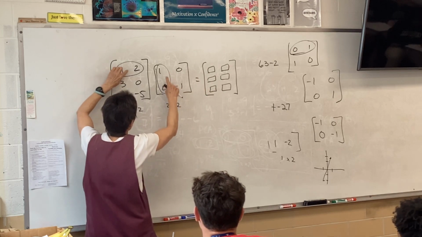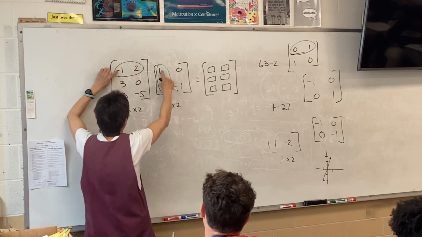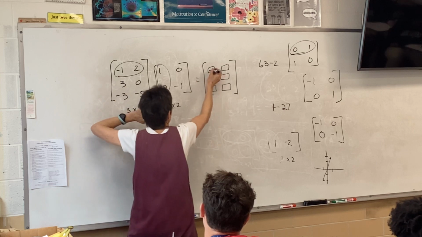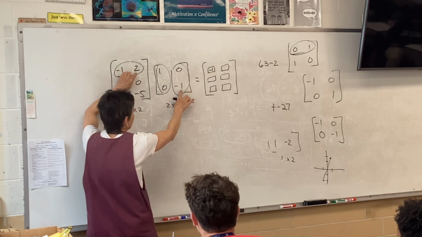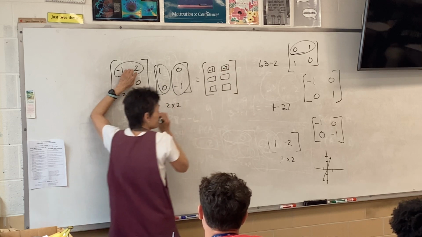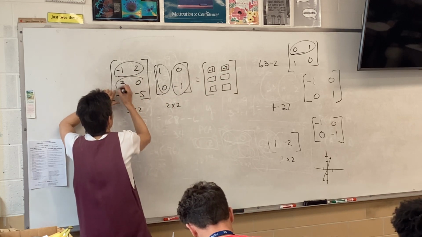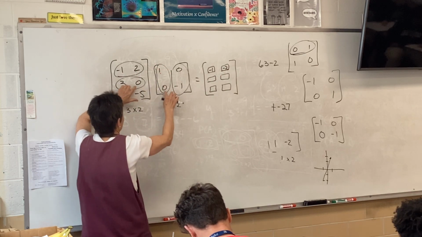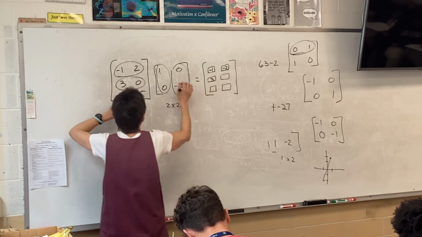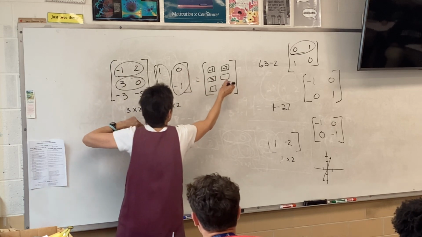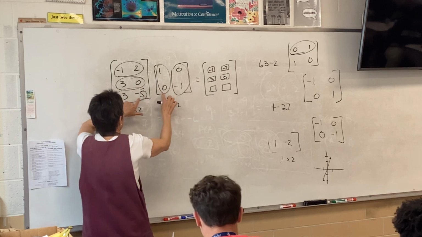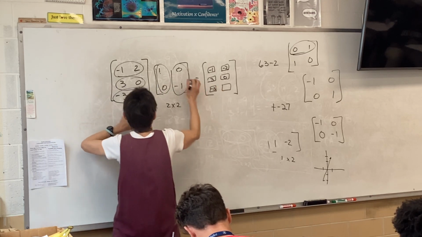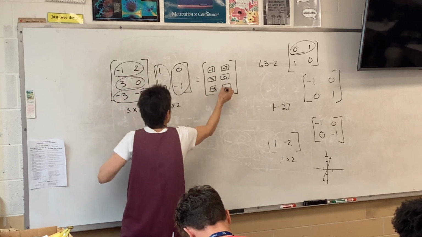So what's that going to be? It's going to be -1. And then row by column, that's going to be -2. 3, 0. -3, +5.